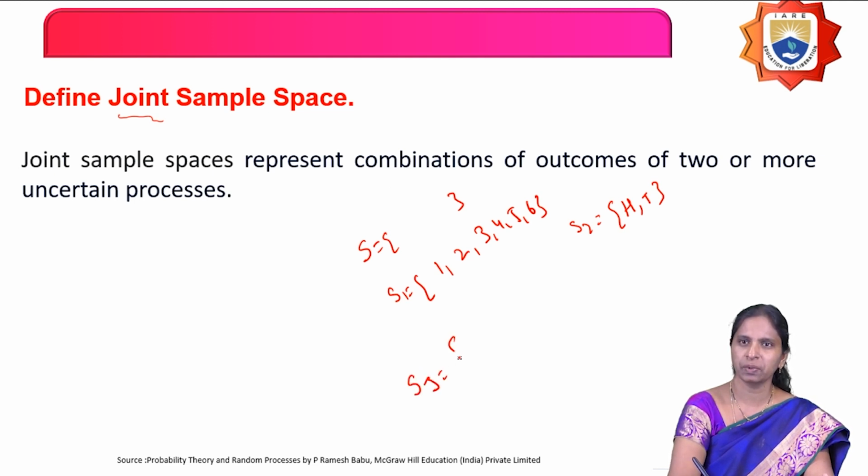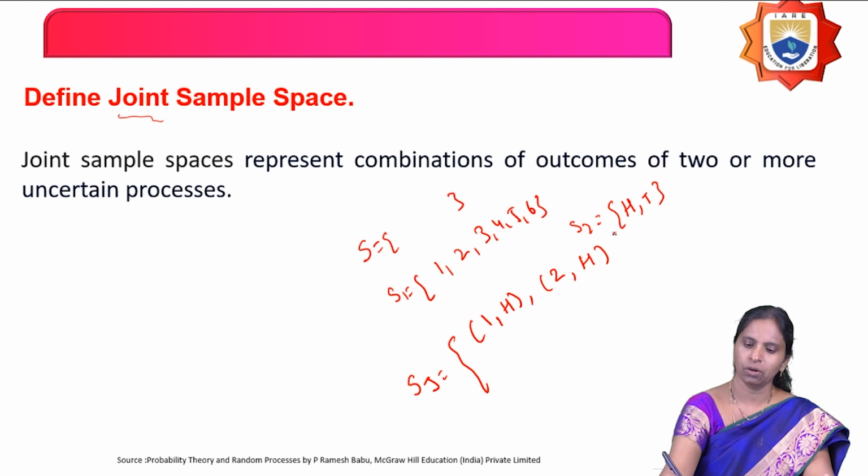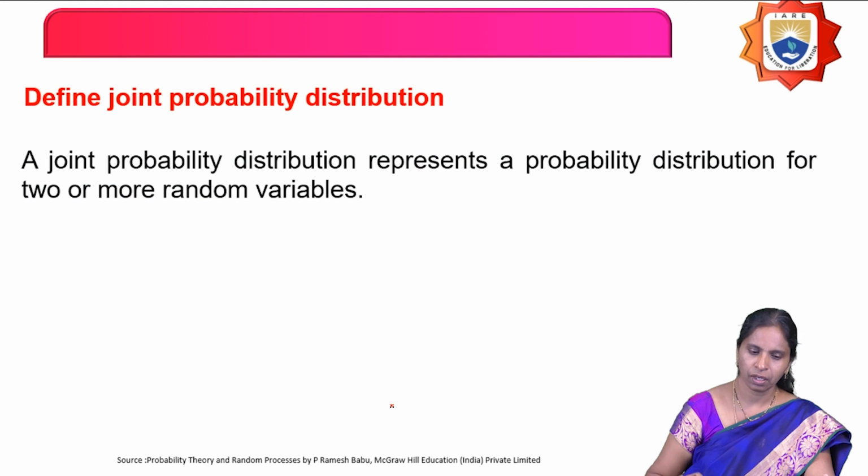The joint sample space is given by getting a number 1 on the die and getting a head on the coin, or getting a number 2 on the die and getting a head on the coin. Like that, the combination of the outcomes of these two experiments is called the joint sample space.